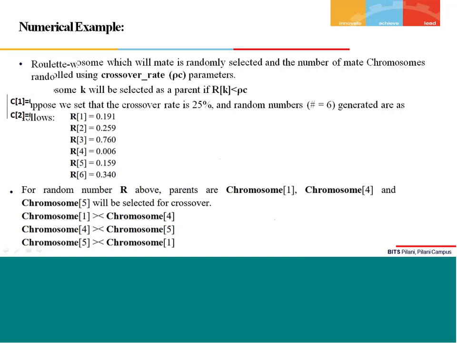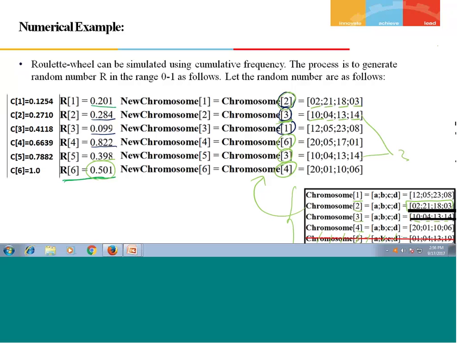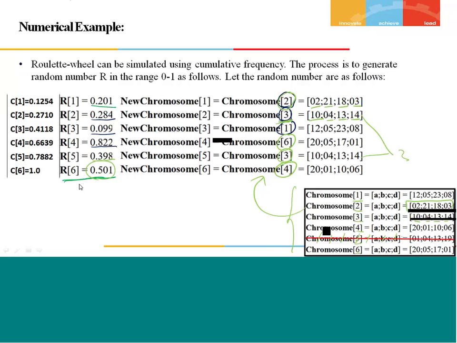Somebody is asking, can you go to the previous slide? Yeah, I am here, sir. What do you want to know? And tell us, what did we conclude? We didn't conclude here. We are just selecting the chromosomes.